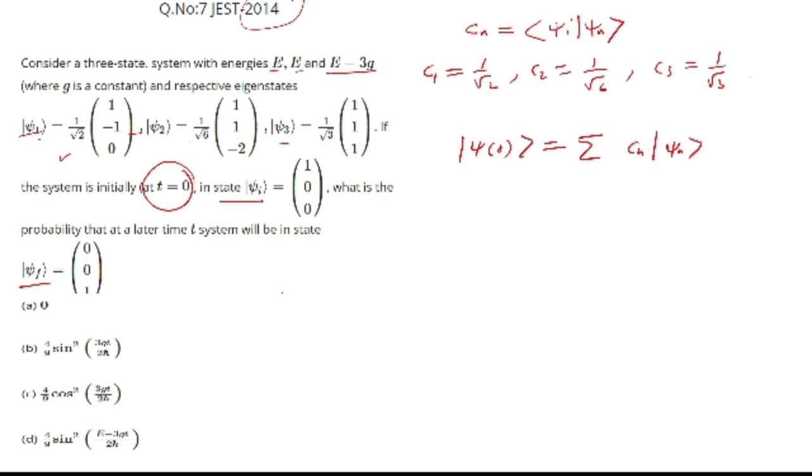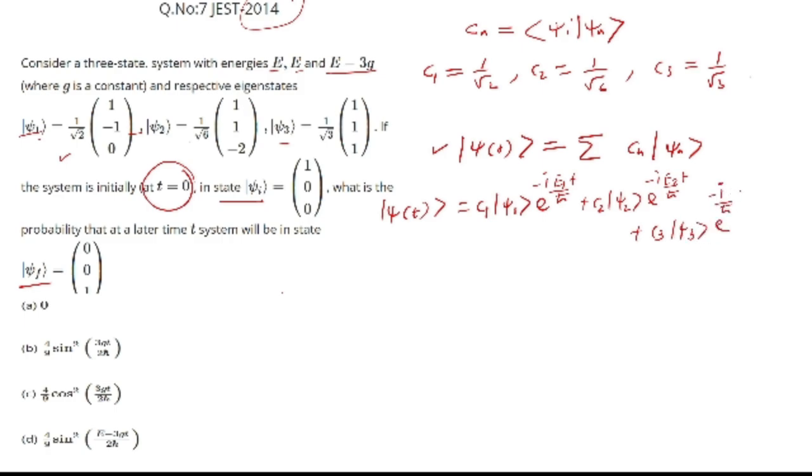If we want to find this wave function at any time t, it will be C1 psi 1 e to the power minus iota E1 t divided by h cross, plus C2 psi 2 e to the power minus E2 t by h cross, and plus C3 psi 3 e to the power minus iota by h cross E3, which is 3g, into t.